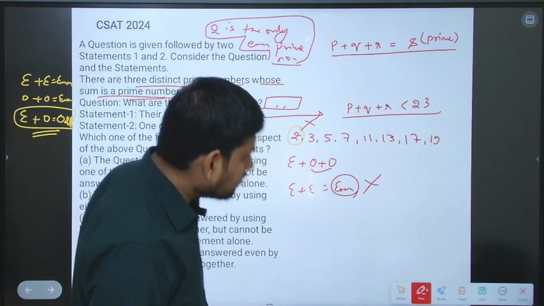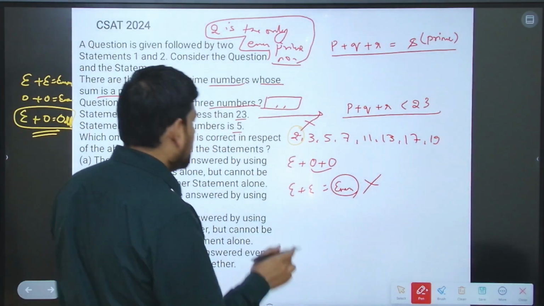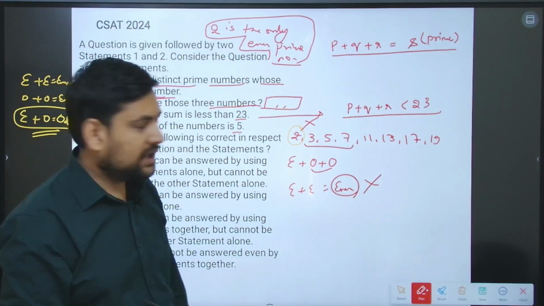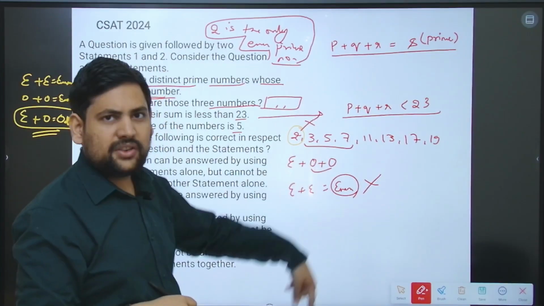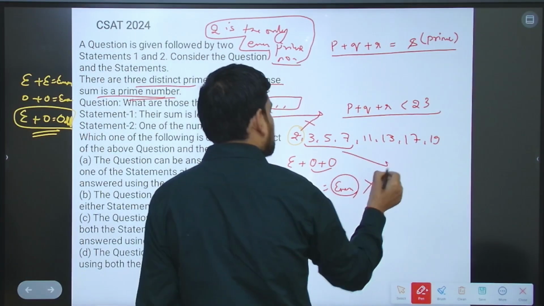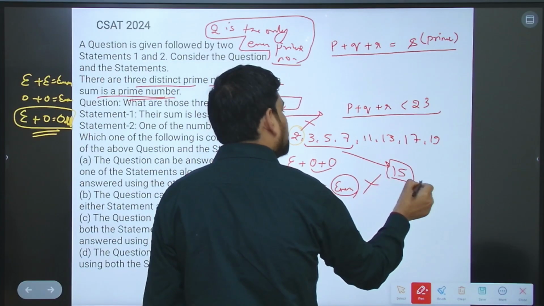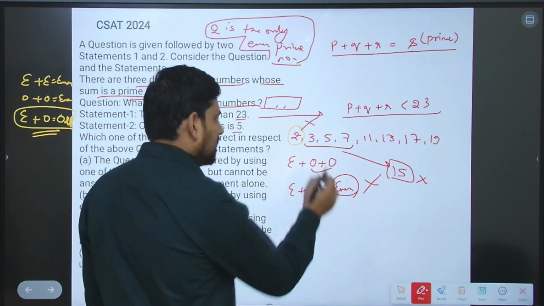Then the other possibility is 3, 5, 7. If I take 3, 5 and 7, what is their sum? 3 plus 5 is 8, 8 plus 7 is 15. Is 15 a prime number? No. So this is also gone. Now I can try another one.